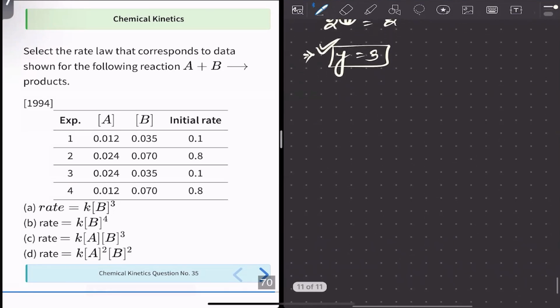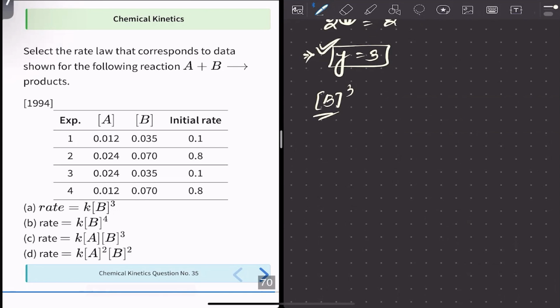That is B to the power 3. Now we have to find out for A. Compare row 1 with row 3. If we keep the concentration of B constant and double the amount of A, the initial rate and the final rate remain the same.